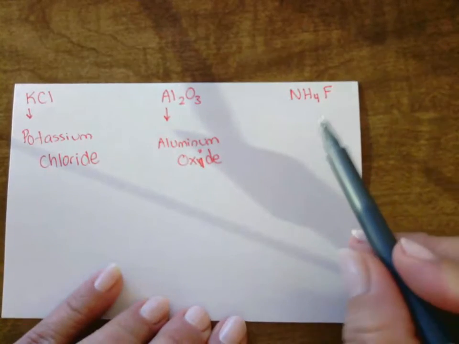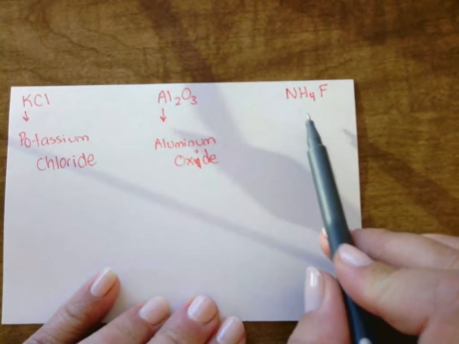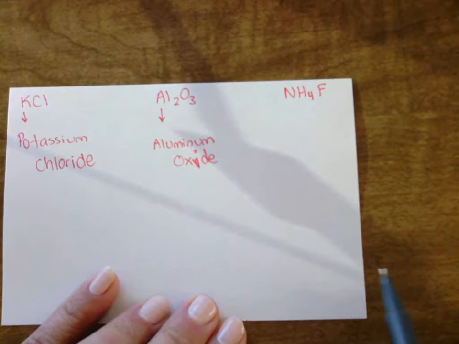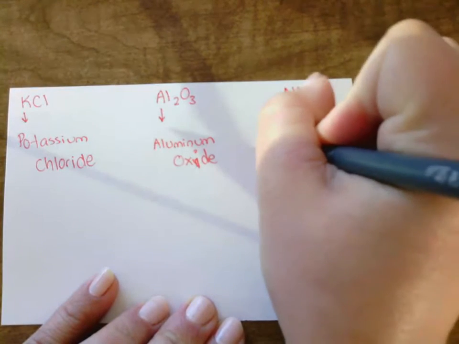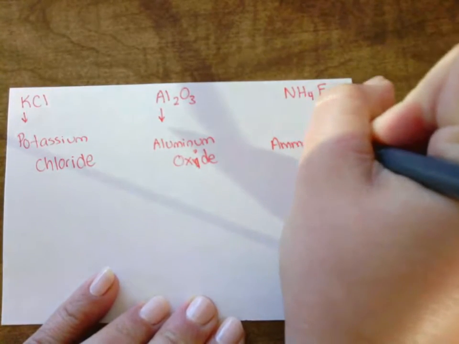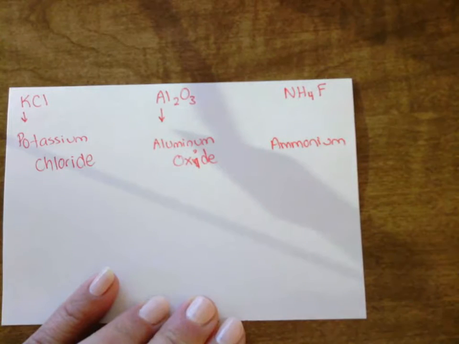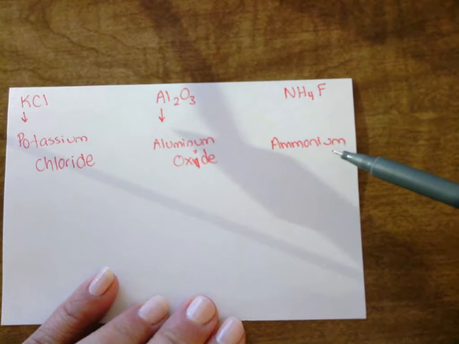Here's my third example. Now I've got a polyatomic in here. You should start to recognize these polyatomics. So you've seen NH4 before. NH4 is ammonium. Okay? Anytime we have a polyatomic, we keep the name of that polyatomic the same. It doesn't matter if it's a cation or an anion.